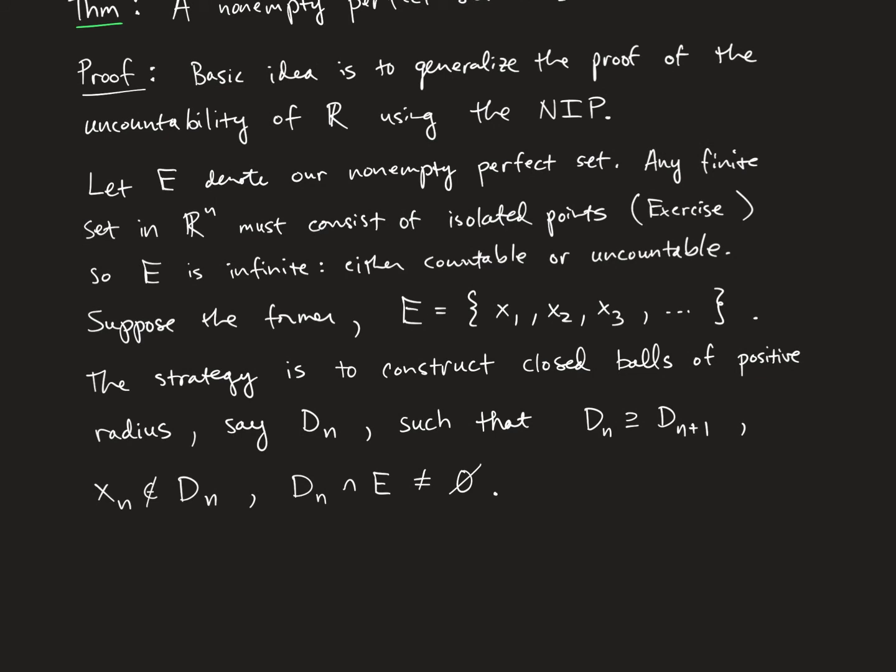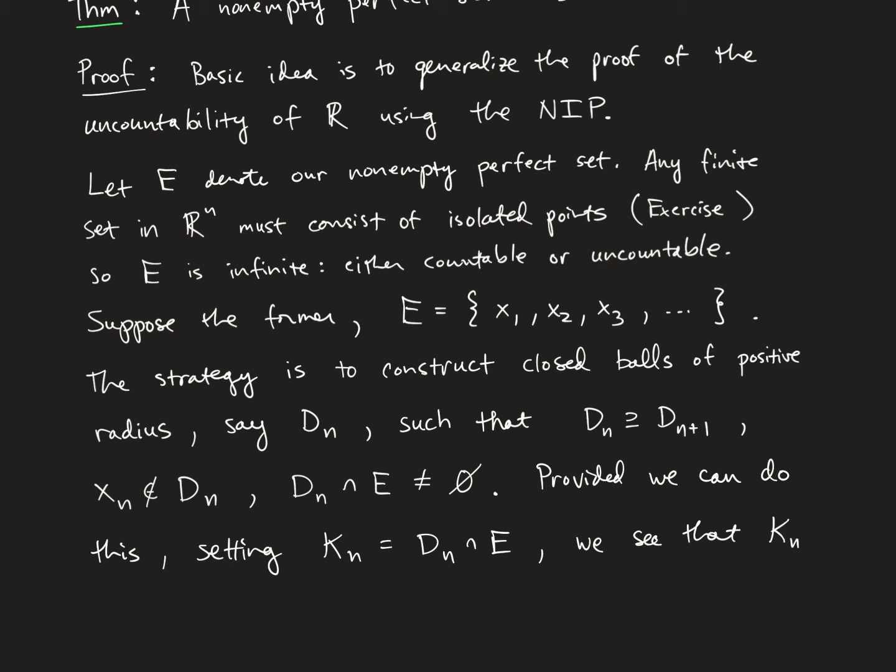So let me just write that out. Provided we can do this, setting Kn to be equal to Dn intersect E, we see that the Kn are a collection of non-empty nested compact sets.